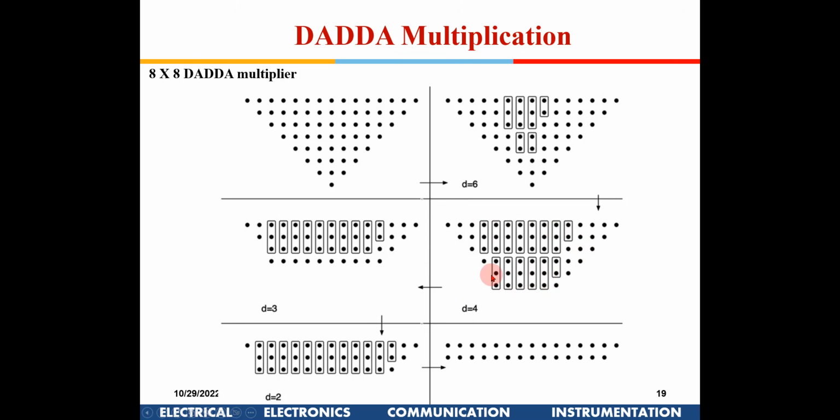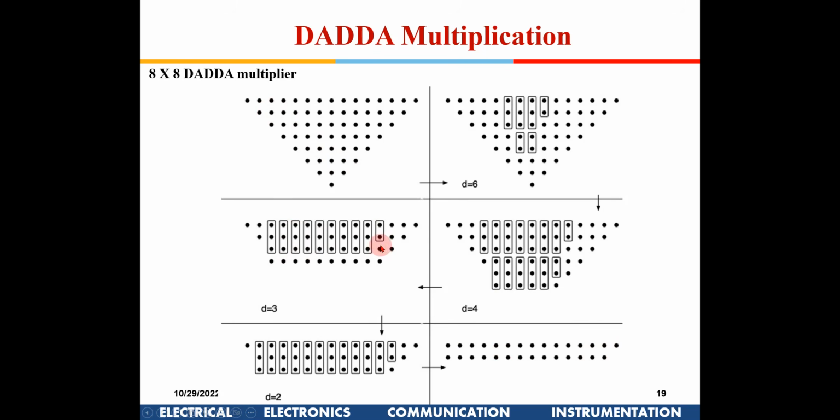Yeah. Now from here again I go back and refer to the table. After 4, what is the next? 3. Then again here also I will do the optimization so that it is 3. Then I get 2 and then I get this final. And in the final block only 2 are there, so I use a fast adder. So this is another way of optimization.